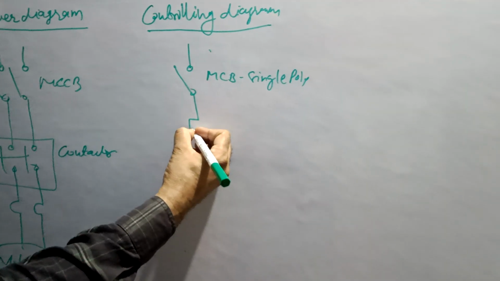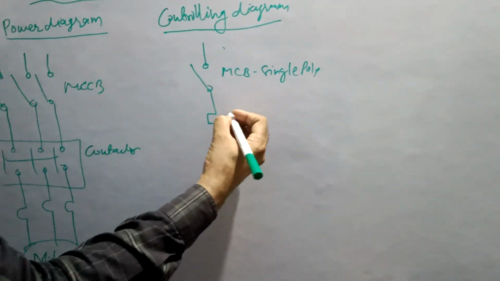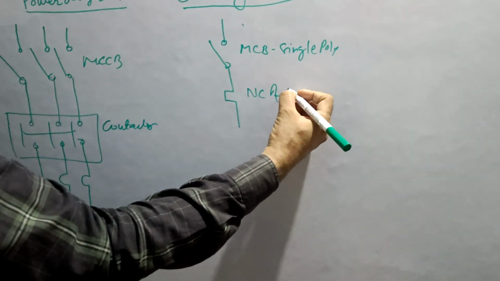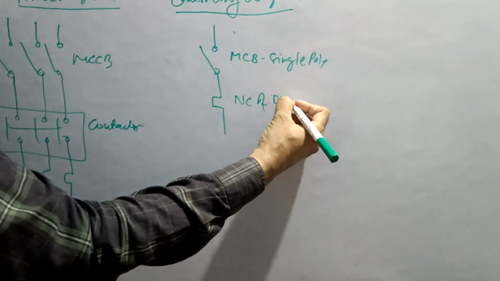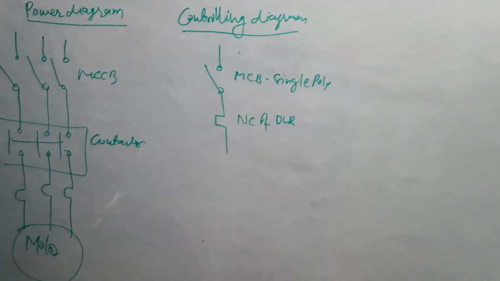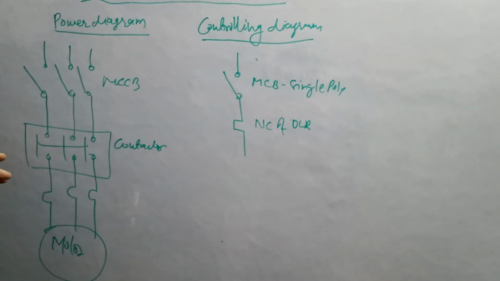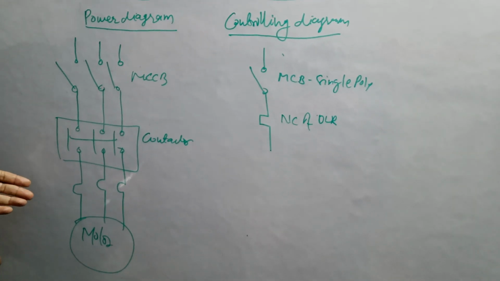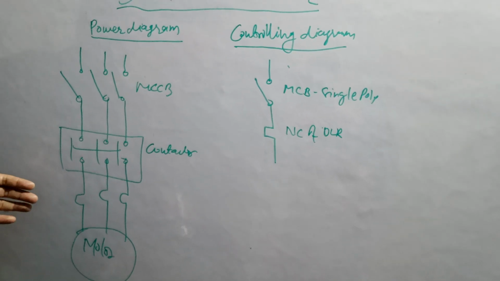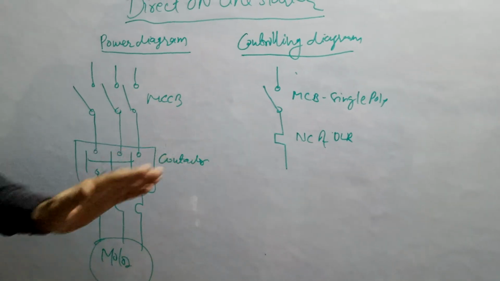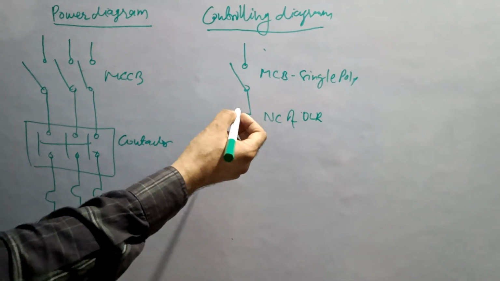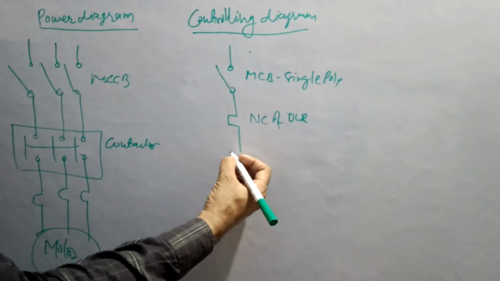Then we will start our controlling circuit through the NC of the thermal overload relay. Because if the overload relay gets tripped in an abnormal situation, for example, there is overload on the motor, then it will disconnect the circuit directly from the start. That's why we are taking it at the starting point.